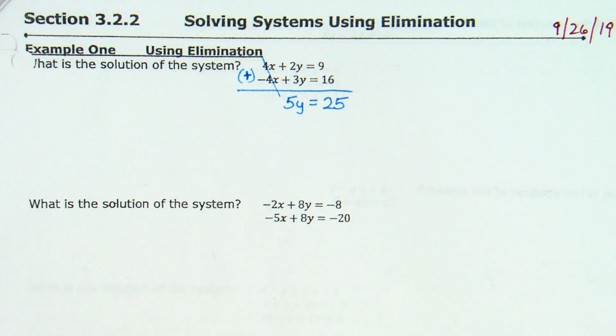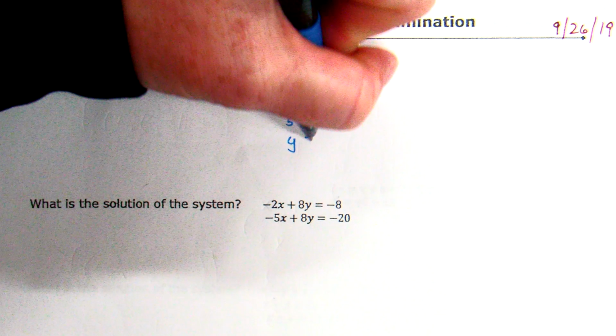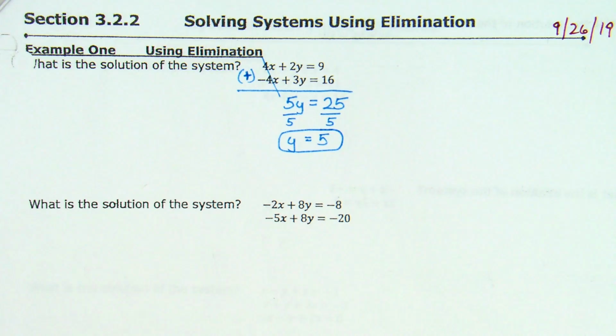What is my next step from here? Divide, yes? It's 5 times y equals 25. Divide by that 5, and y is 5. Okay. So, the opposite of substitution, the first step is the easiest here. Getting them so you can eliminate that variable and finding the first one.